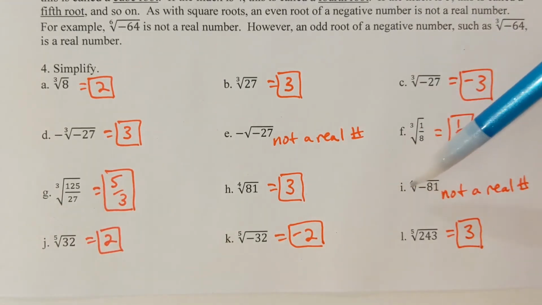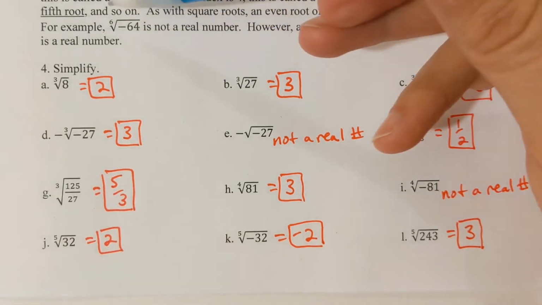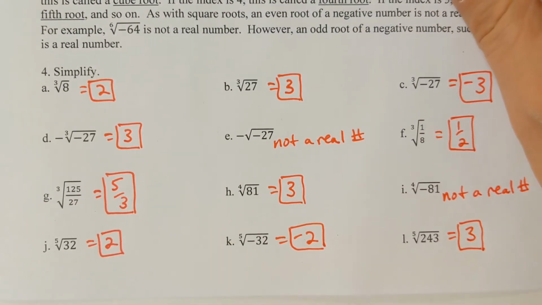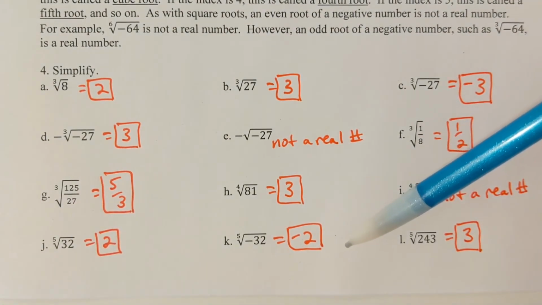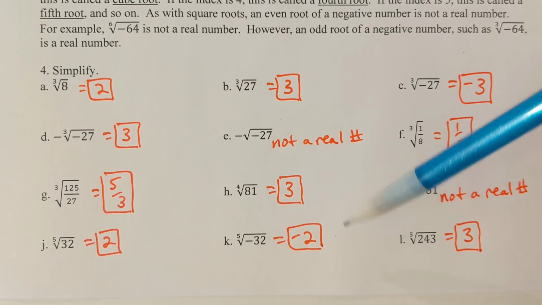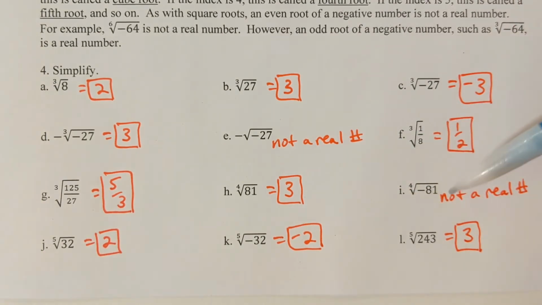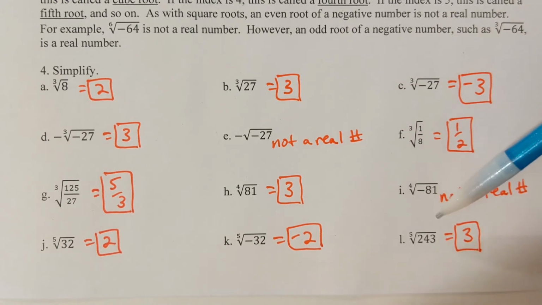Not if you have an even numbered index, though. The fifth root of 243 would be 3, since 3 to the fifth would give you the radicand there. 3 times 3 times 3 times 3 times 3 gives you 243.